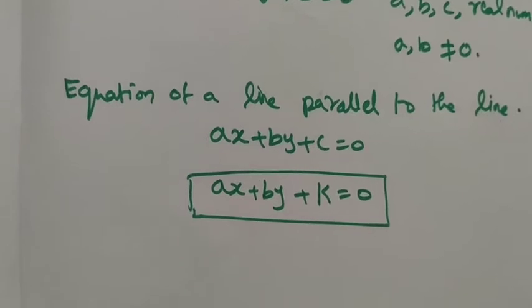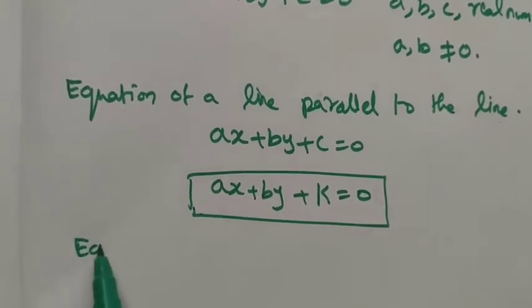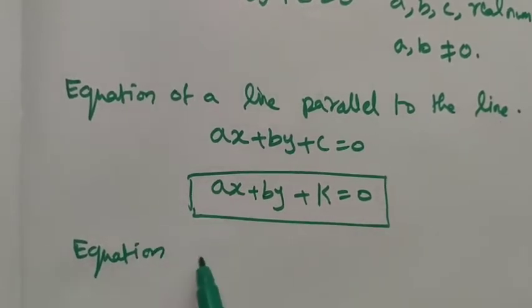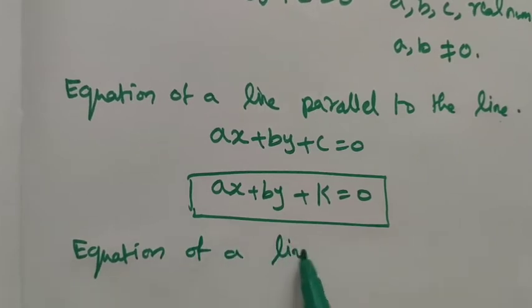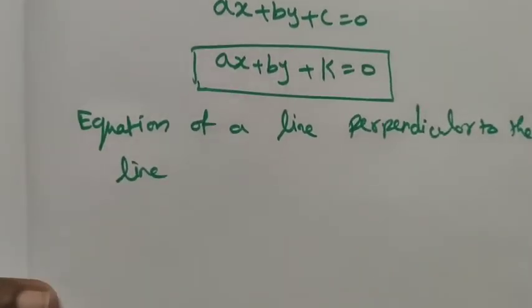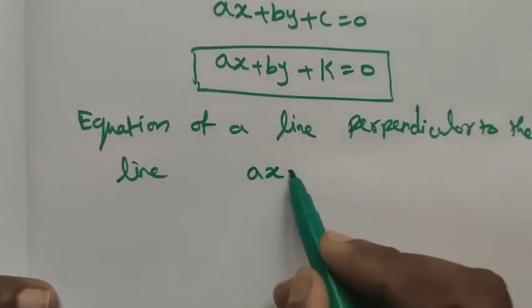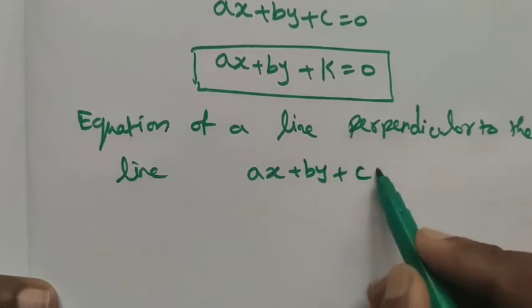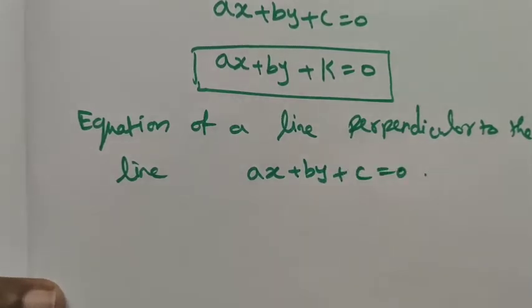Next we want to find the equation of a line perpendicular to the line. Here also we take the general form as it is, ax plus by plus c equal to 0, right?